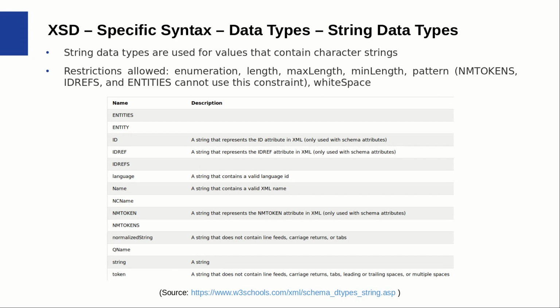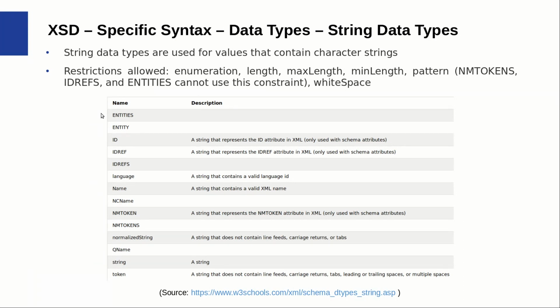And this string data types category, as everyone knows, are data types used for values that contain character strings, and they can accept the following restrictions or facets: enumeration, length, max length, min length, pattern, and whitespace.